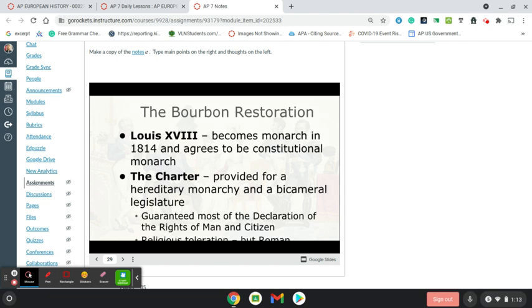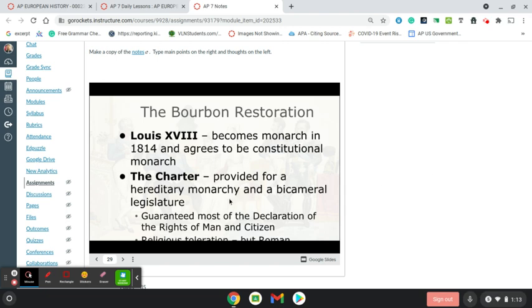The Bourbon family will be put back on the throne, and it will be led by Louis XVIII. Now, it would be a constitutional monarchy, so they'll have an elected legislature, but he will still remain on the throne. And then his successor will take the throne after he has passed away.